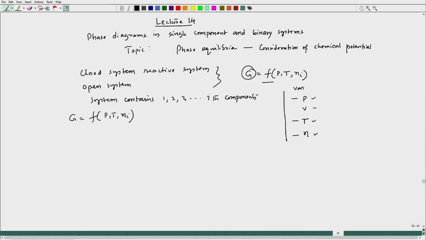These are the independent variables. The number of moles will consider the composition change as well as the exchange with the surroundings. Still, we know that equilibrium happens when G goes to minimum.